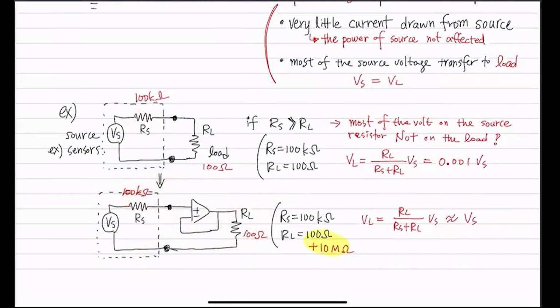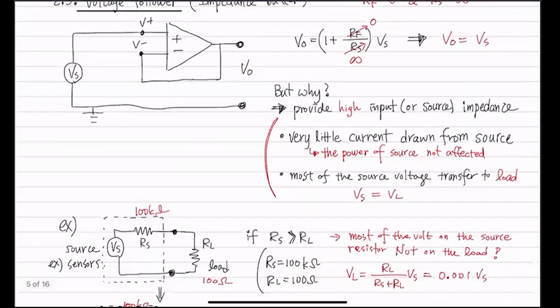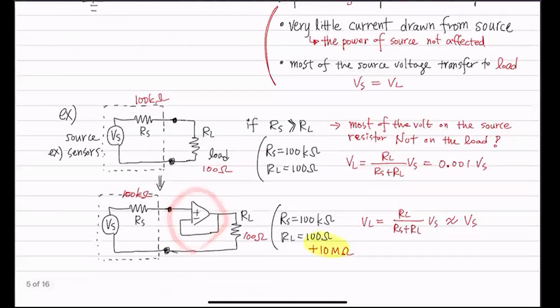All right. So it may look like, oh, it's not doing anything. Hey, your output is the same as your input. Why do we need this? In some cases, we would like to have this because it disconnects your source and your load. That way, all the things are going to be applied to this guy. Okay?